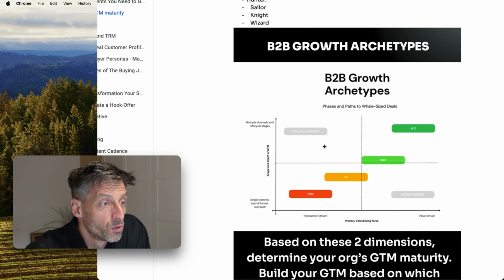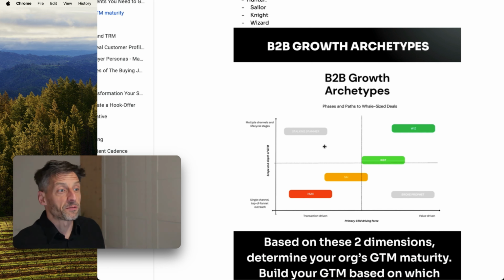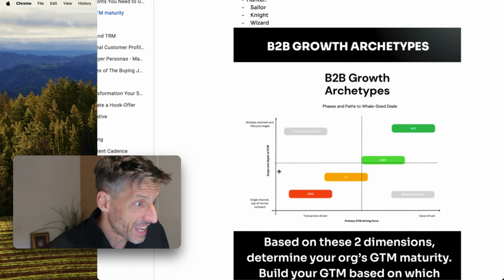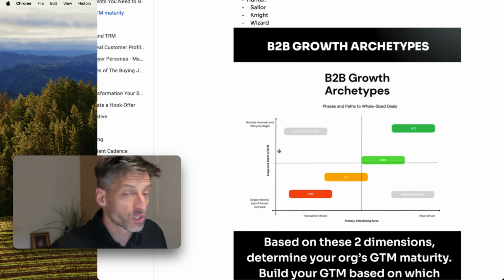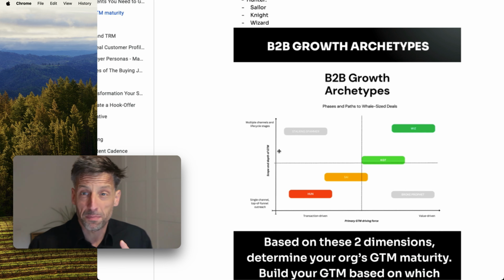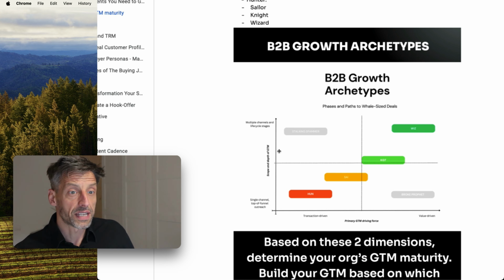And the 2 dimensions we use to determine maturity are, number 1, the scope and the depth of go-to-market. And what we mean by that is how far down the pipeline, how far down the funnel, if you will, are you engaging your buyers when it comes to creating awareness and then building demand, educating customers, and selling to them?